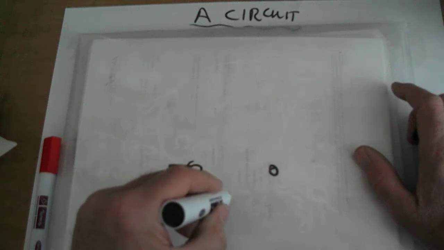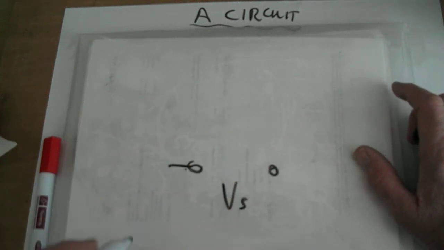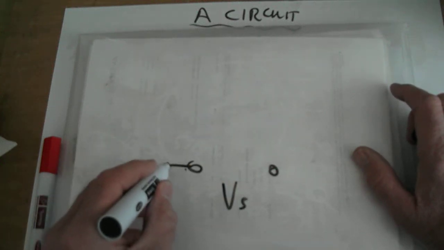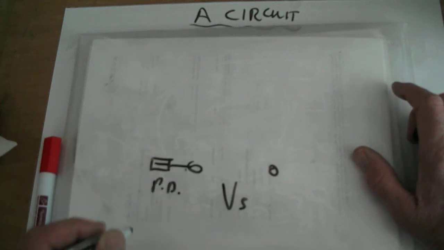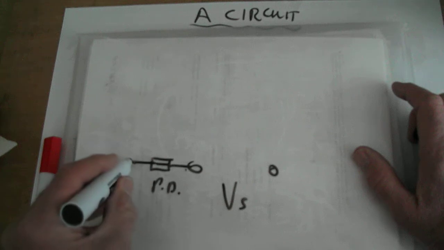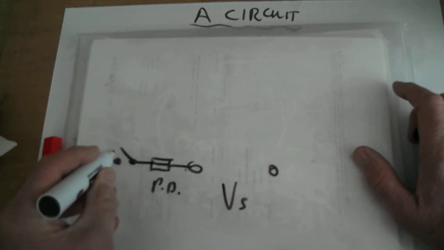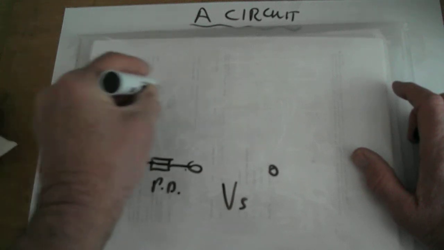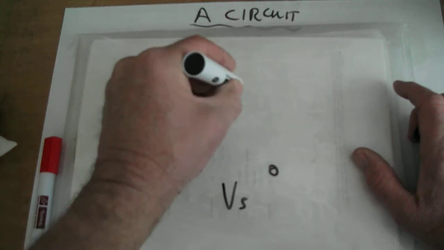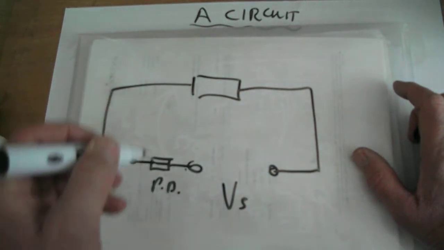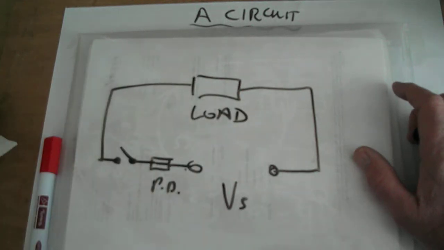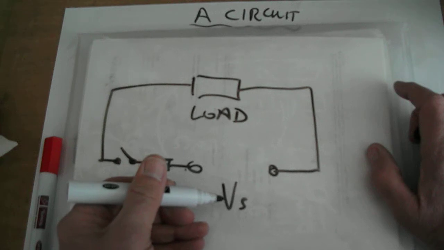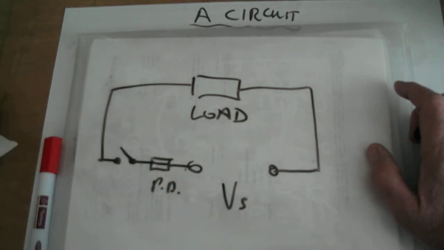So we start off with our basic circuit, which is a supply voltage. Then we have some kind of protective device to protect the circuit. Then we have a switch which controls the circuit, and then we have what we call a load, which is effectively your customers. So the substation really is the supply voltage.